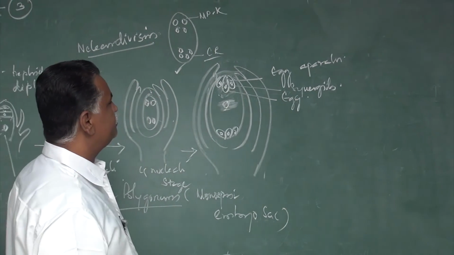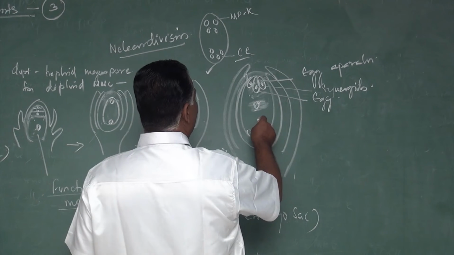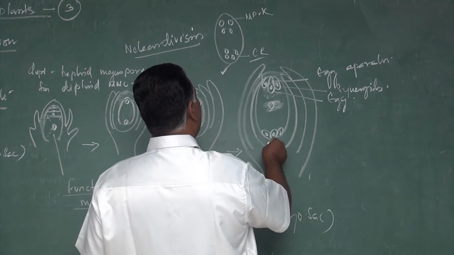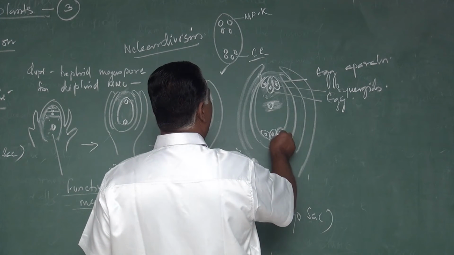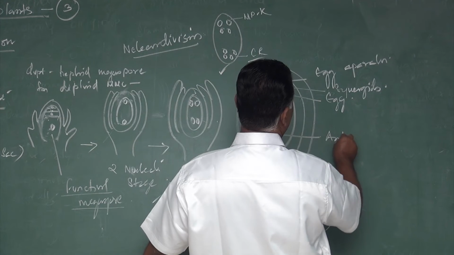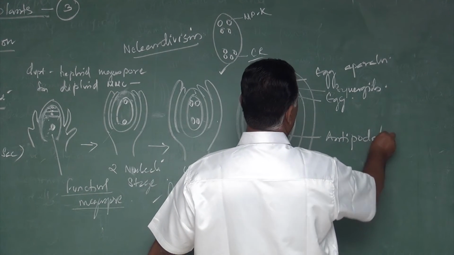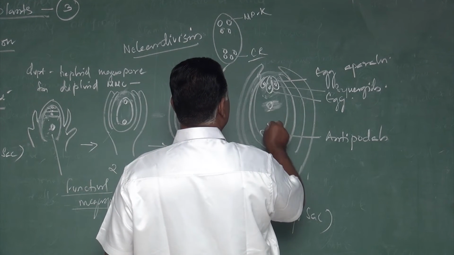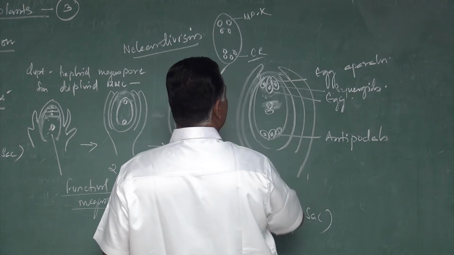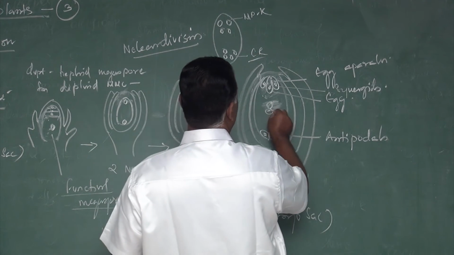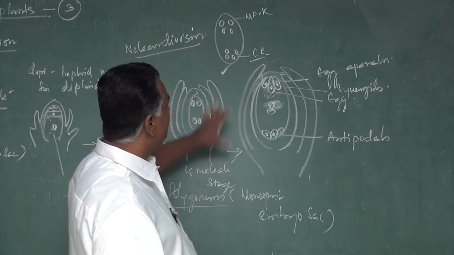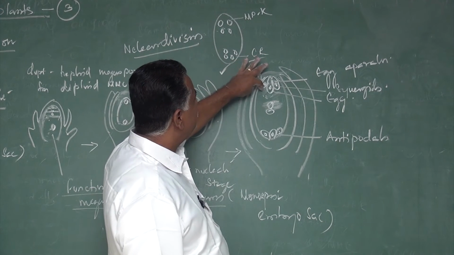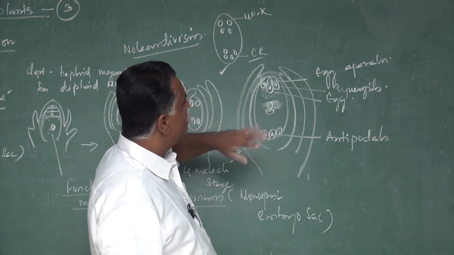Of the 4 nuclei at the base, 3 form cell walls and form antipodals. One nucleus from that reaches the center, and that is the basal polar nucleus. You see, in the 8 nucleate stage, we get 3 cells here, 3 cells here. So 6 cells.